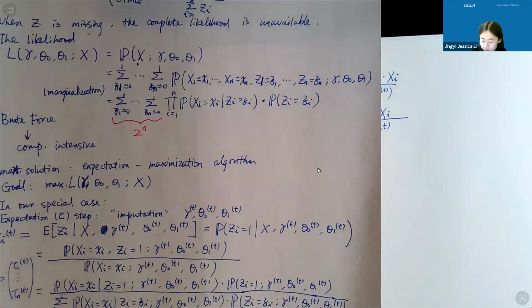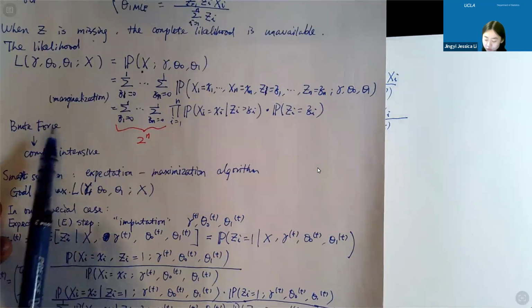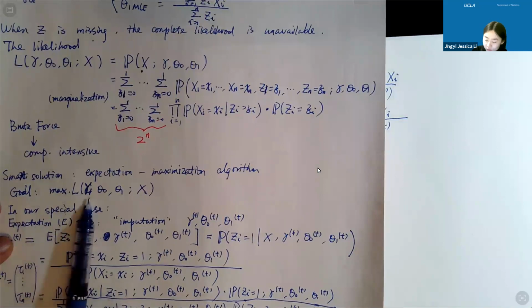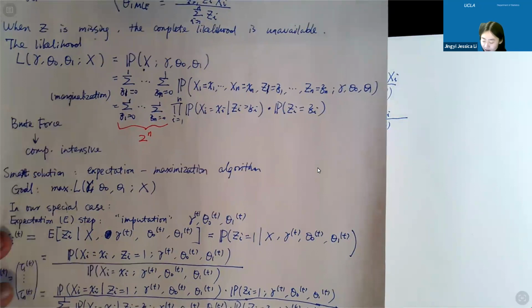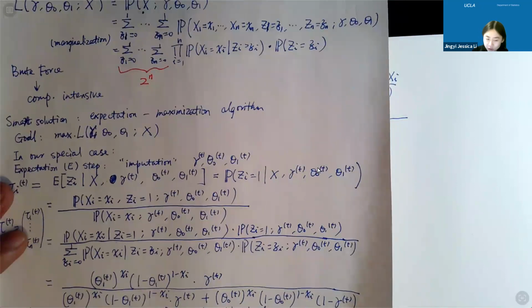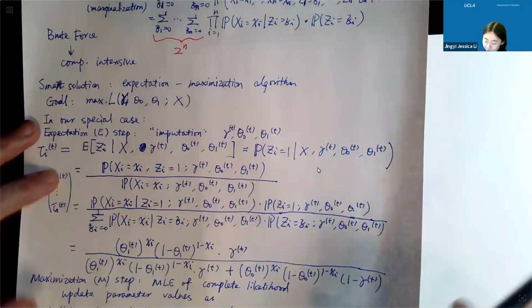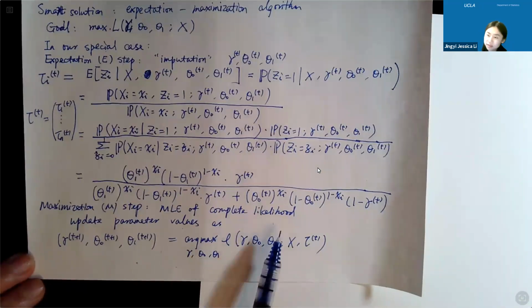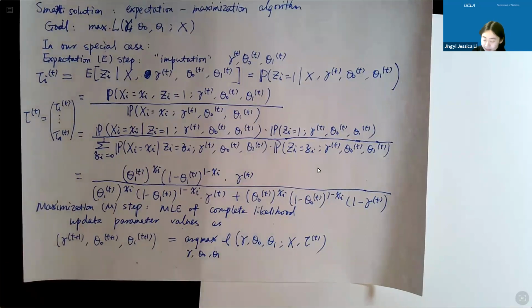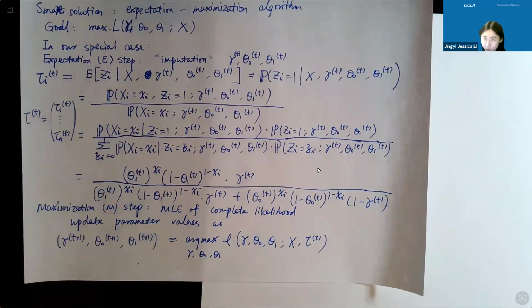So we're still having the same objective function as the brute force, to maximize the likelihood based on x only, but we can utilize the complete likelihood and its closed form, nice MLE formula for our maximization step. That gives us a very easy computation. We just need to get the expectation updated as we update our parameter values.